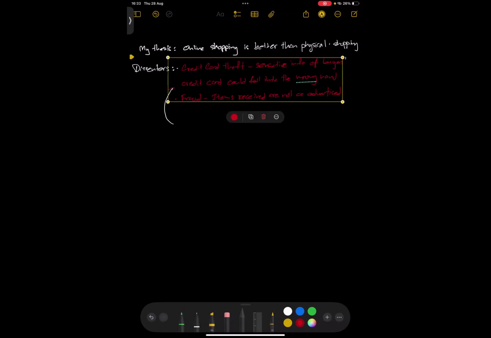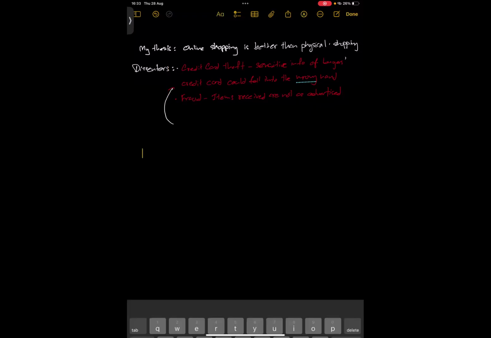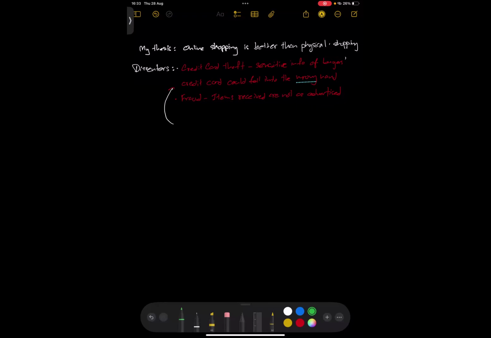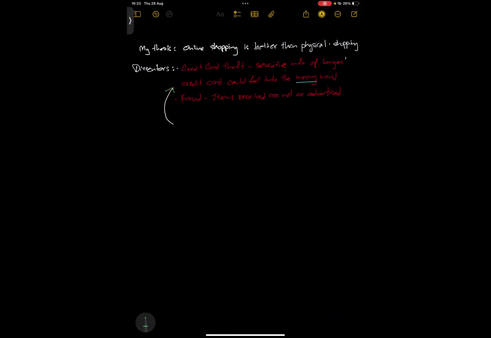Okay, and when I attack, I'm going to use green color.